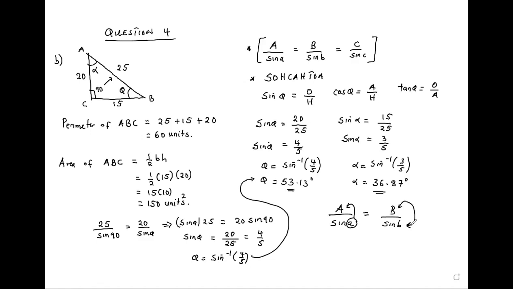The cosine rule requires that if you have this, not necessarily 90, and you have an angle here, and this side is given, this side is given, the angle is given, and you want to find this side, you can use the cosine rule.